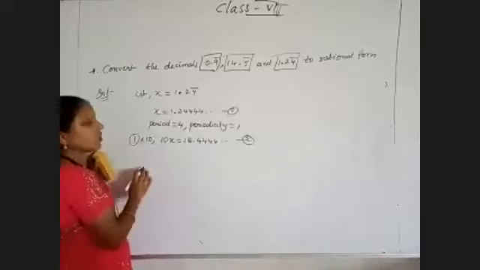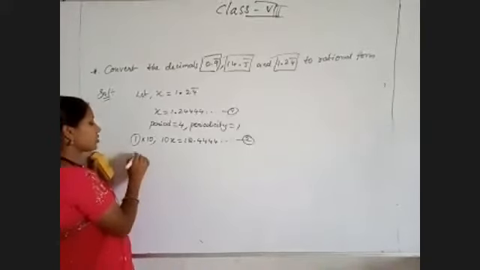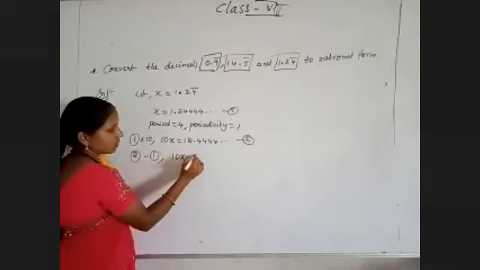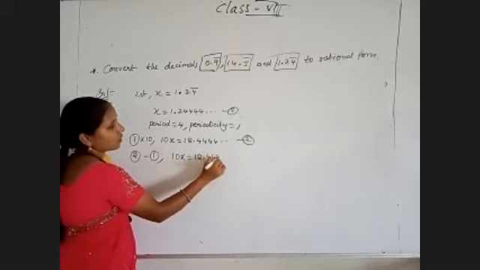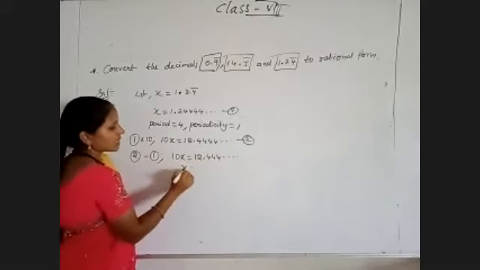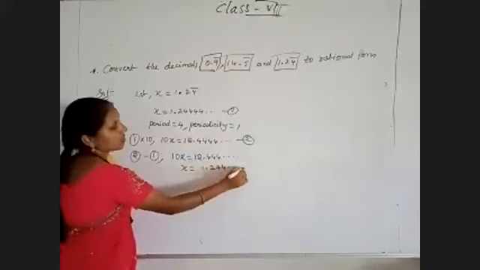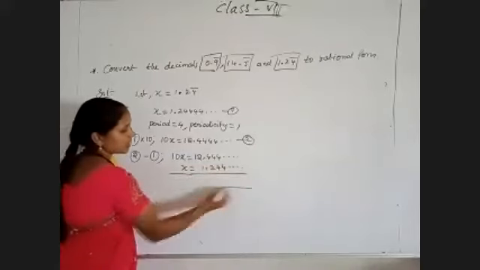What we got, 4 and so on, equation 2. Now go for subtraction, equation 2 minus equation 1. So what we will get? 10x is equal to 12.444 and so on, and x is equal to 1.244 and so on. So do the subtraction.